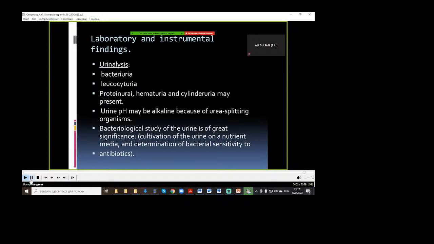From the previous semester, you must revise your knowledge about urinalysis, the normal rate of leukocytes, bacteria, protein, and so on. Urine pH may be alkaline because of urea-splitting organisms, and we need a bacteriological study of urine in order to detect the causative bacteria and determine the bacterial sensitivity to antibiotics.